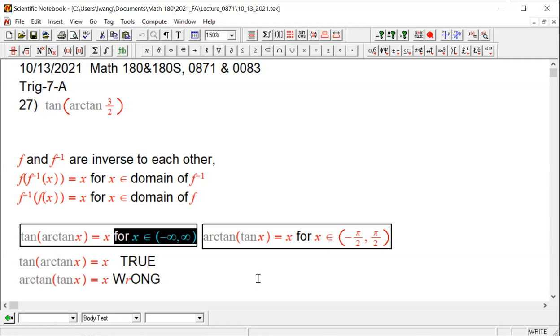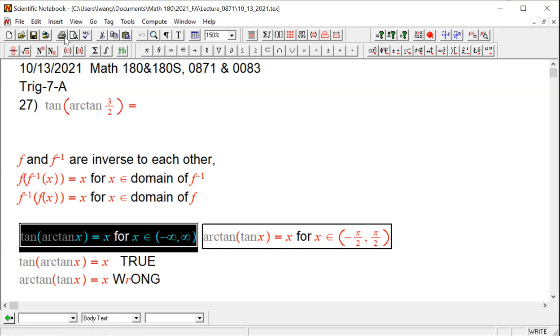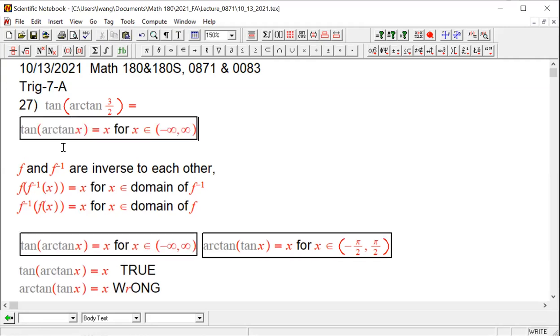Because it's true always, no matter what the ratio is. So what will be the answer for this one? Yeah, 3/2. That's right. That's the easy one, isn't it?